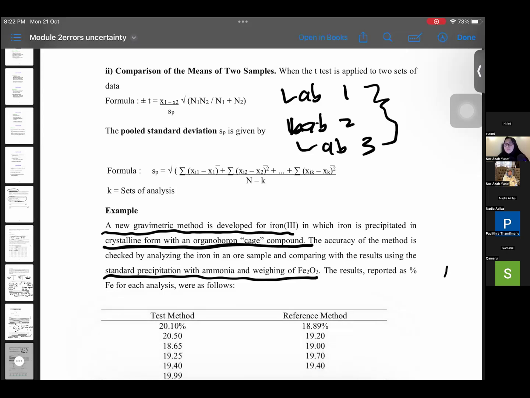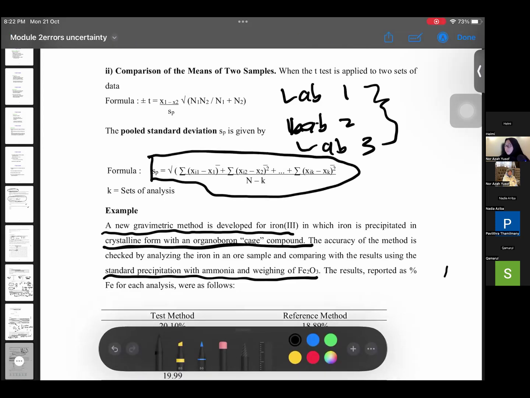Okay, right. So what's the difference from the one above, which is the first t-test, where the true value is known? In this one, the true value is not known. So we have to use what we call the pooled standard deviation. Sp stands for pooled standard deviation.